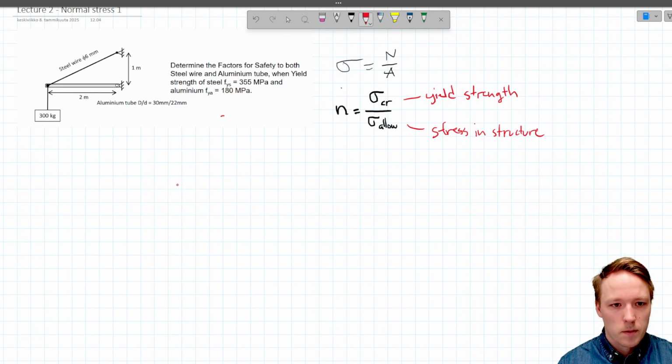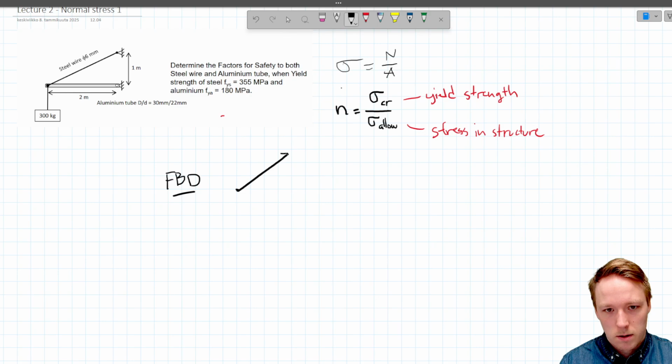First thing, and in quite many cases we always start with the free body diagram, FBD. So let's do it in here. We have the wire, it's pulling that way, force in there. Then we have the mass, it's pulling this way.